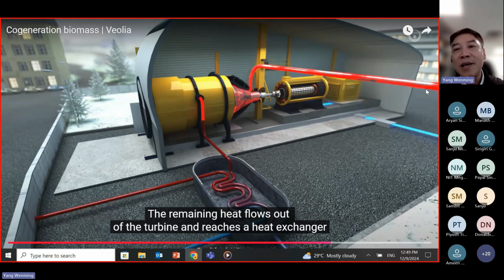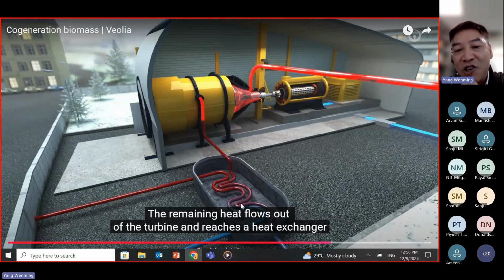Then how can we further increase the efficiency and improve the energy utilization? We can use cogeneration. You can see that when the steam flows through the steam turbine, the pressure and temperature will drop. However, this steam still has a high temperature, basically more than 100 degrees C, correct?